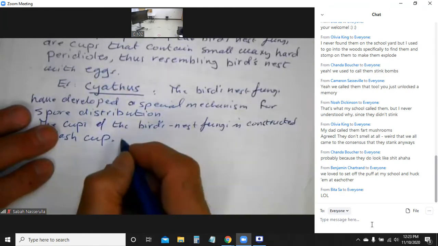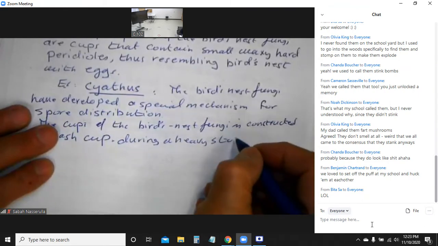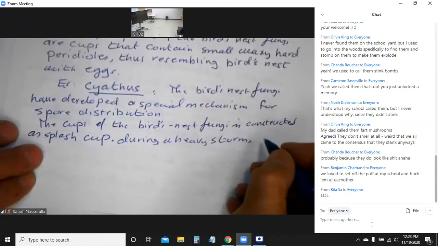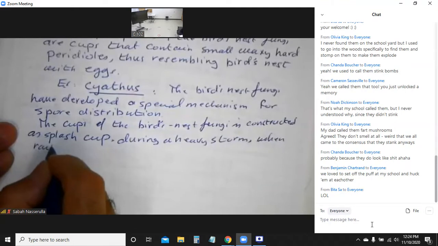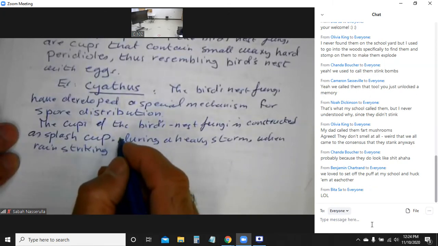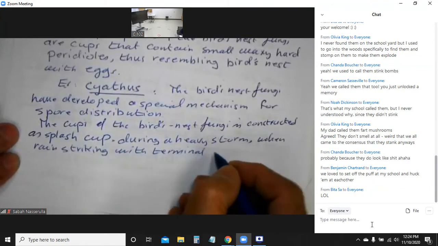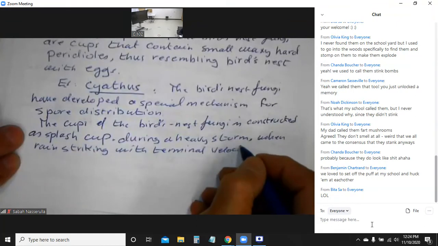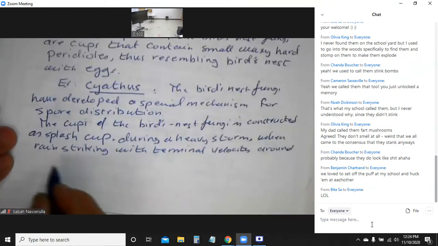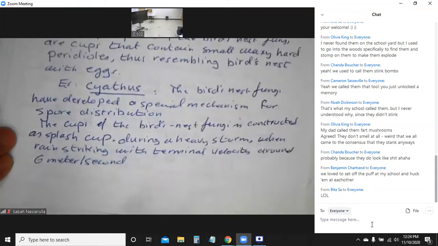Now, as I mentioned, during a heavy storm, for example, when rain strikes with terminal velocity, basically around, say, about 6 meters per second, because that is the force, as a matter of fact, able to force these peridioles to splash out.